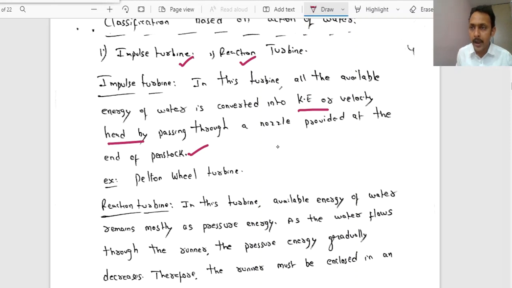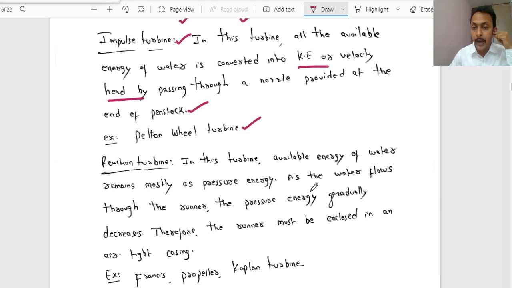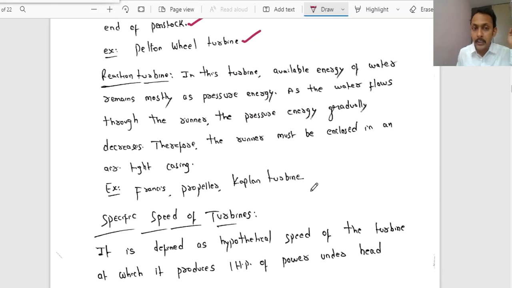Water travels with high velocity through the nozzle. Such a turbine is called an impulse turbine. An example is the Pelton wheel turbine. Whereas in a reaction turbine, the available energy of the water will remain in the form of pressure energy.